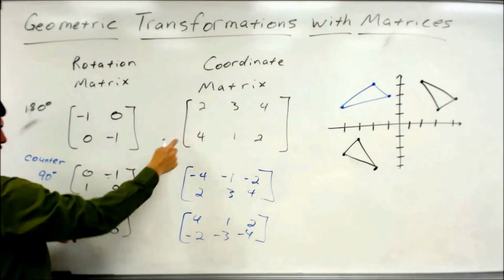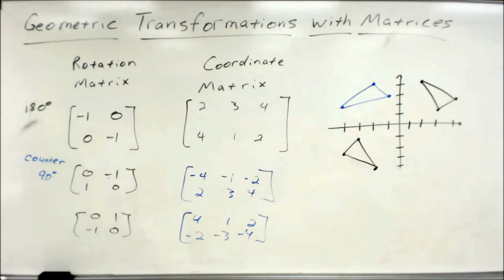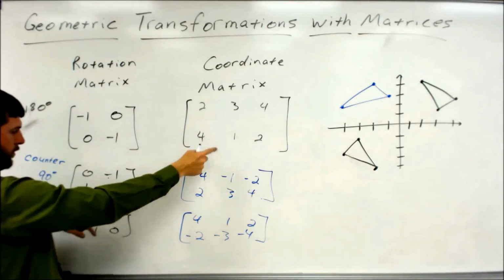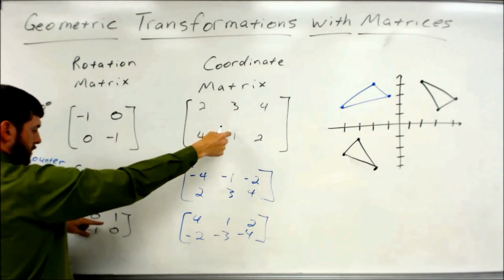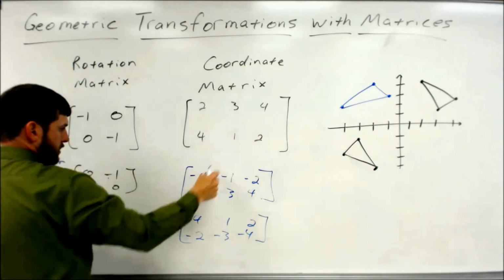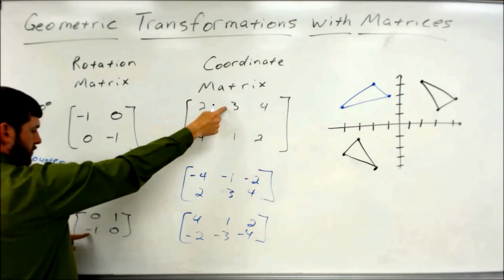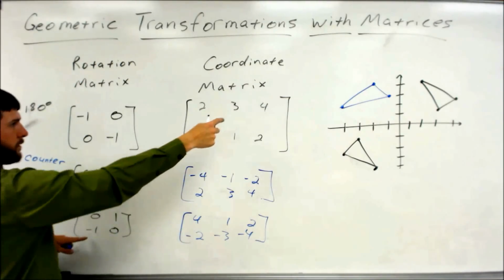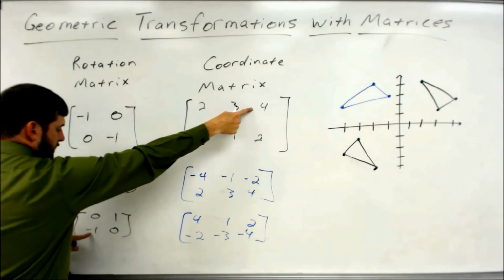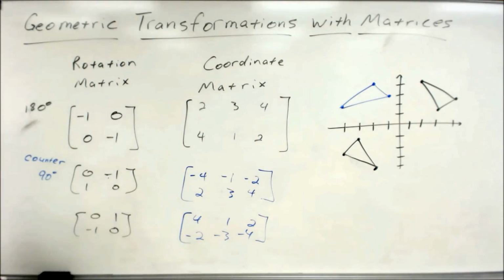0 and 4 is 4, 0 and 1 is 1, 0 and 2 is 2, negative 2 and 0 is negative 2, negative 3 and 0 is negative 3, negative 4 and 0 is negative 4.